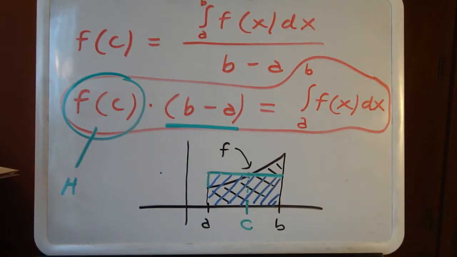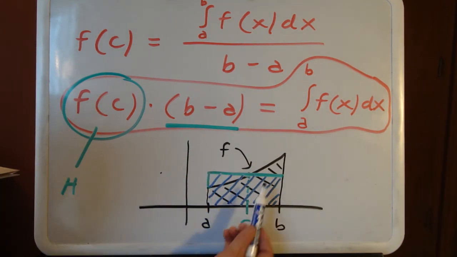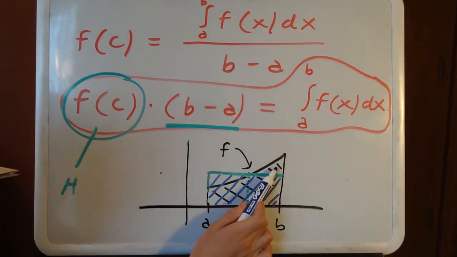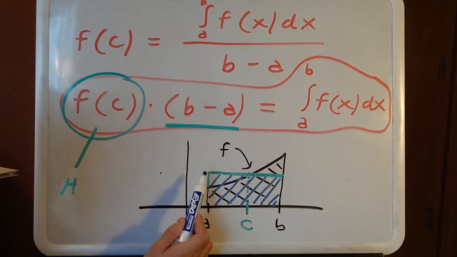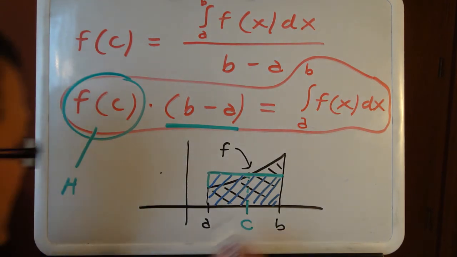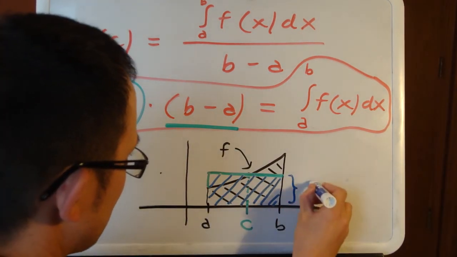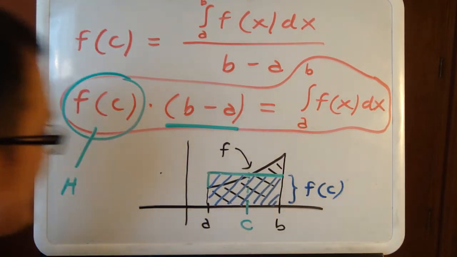So this area here of the rectangle is equal to the area underneath the curve. And you can tell that there's a little balancing act here where this area that's outside of the rectangle is compensated by this area here that is not under the curve. So it's this thing here that we call f of c. Right? That is that little height.